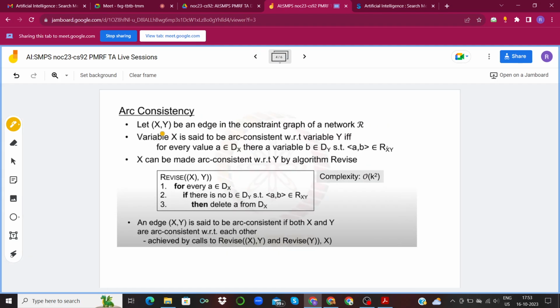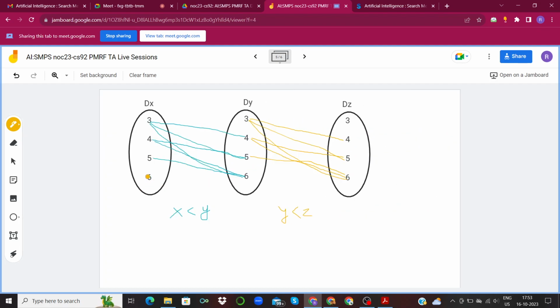And if we revisit the definition, variable x is said to be arc consistent with respect to variable y if for every value of a in the domain of x there is a value b in the domain of y such that the constraint is satisfied. And we see that 6 here does not satisfy that condition, because there is no value in the domain of y that satisfies this particular constraint, which is x less than y. So we will delete this.